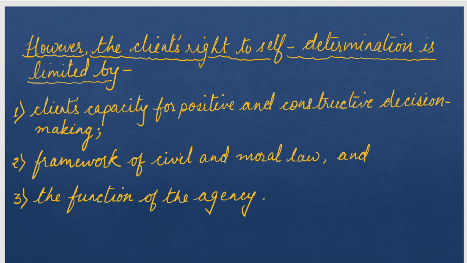Secondly, the right of self determination of the client is limited by a framework of civil and moral law. And the last limitation is the limitation by the functions of the agency. So, under these conditions, the right of self determination of the client is actually limited.